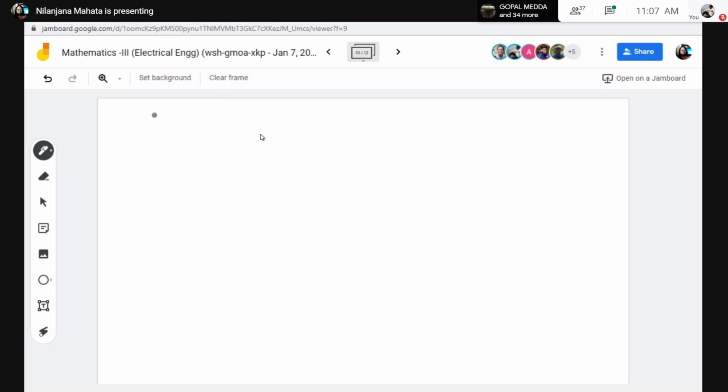Suppose I have a given PDE, that is, we are taking only the second order, like u is a function of x and y, such that it is a general form I am taking.